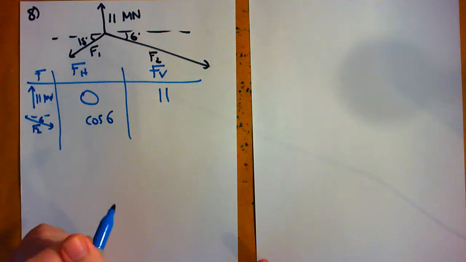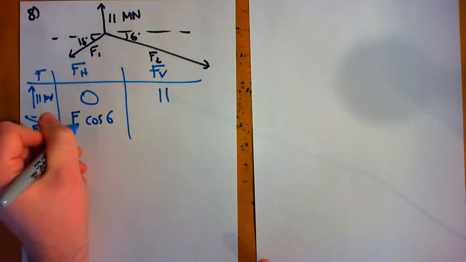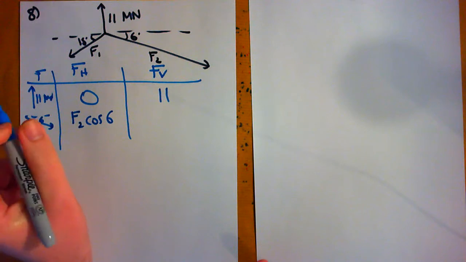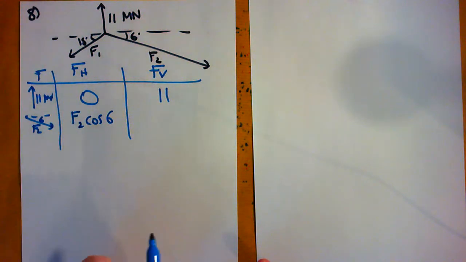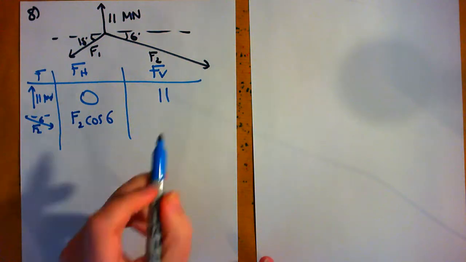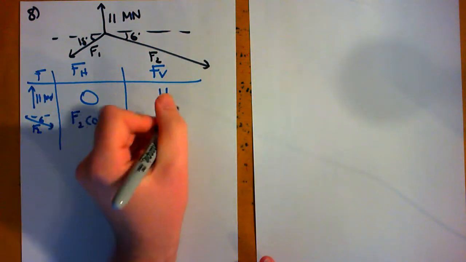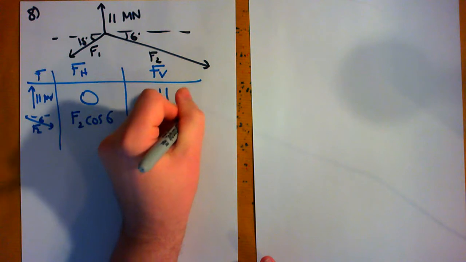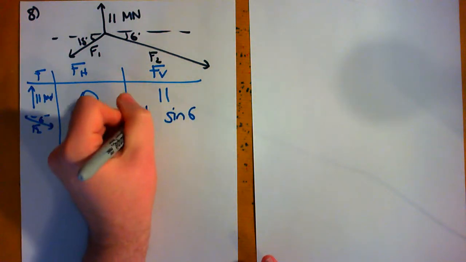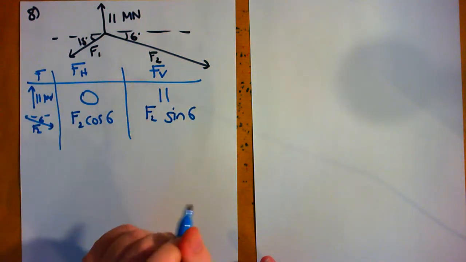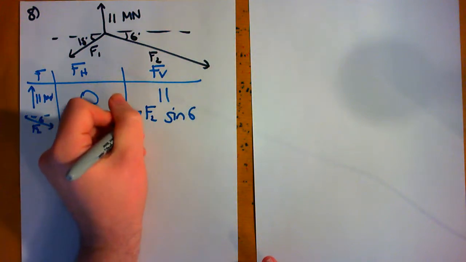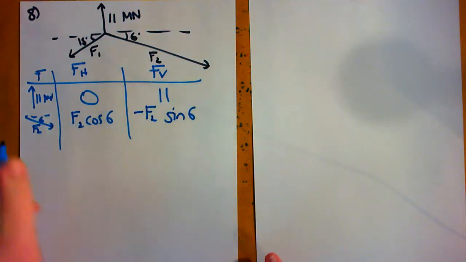Angle is 6 degrees and its size is F2 and it is pointing to the right, which makes it positive. Now the vertical component is the opposite side and therefore the sine side, sine of 6. F2 is its size, pointing below the horizontal, pointing downwards makes it negative.